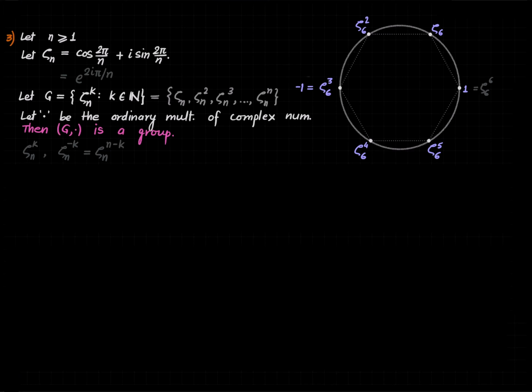If k is between 1 and n, then this number is between 0 and n minus 1. So this is a part of that set. Just check that. If you pick anything from this set, there is an inverse to it under this ordinary multiplication, namely this guy. So just verify. And that gives an example of a group. This group is also, of course, abelian.